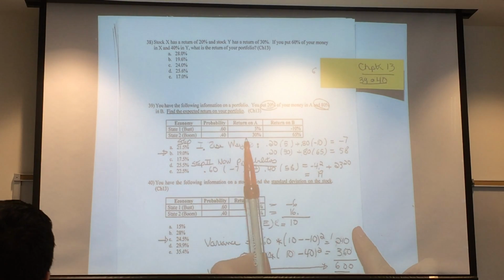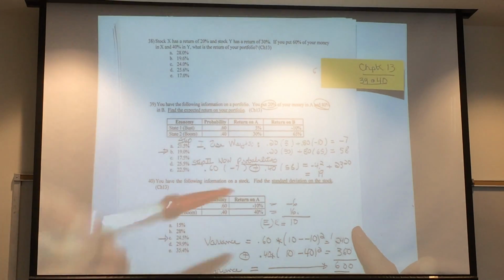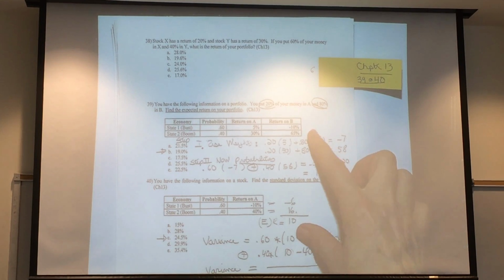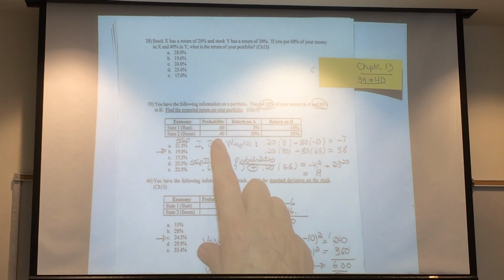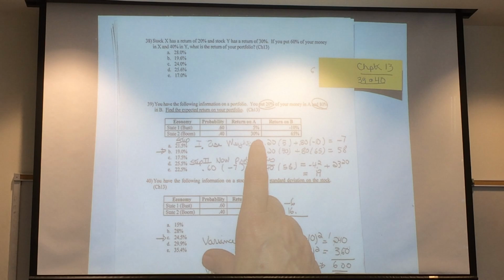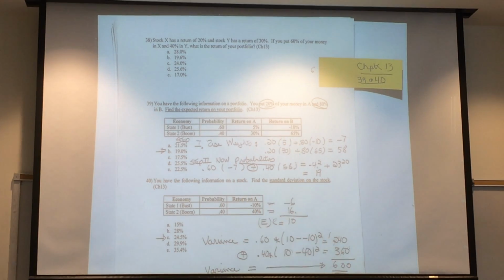If that happens, you're going to get 5% on A, and you're going to get negative 10% on B. There is a 40% chance that things will be a bull market or a boom. If that happens, you'll make 30% on A, and you'll make 65% on B.